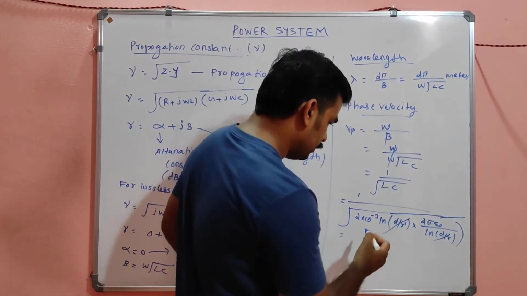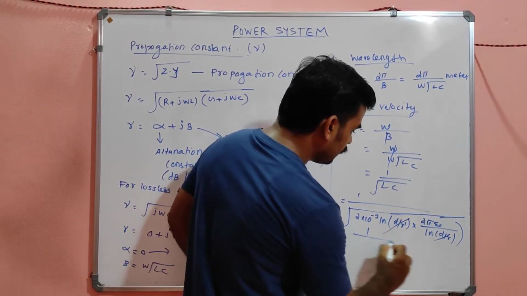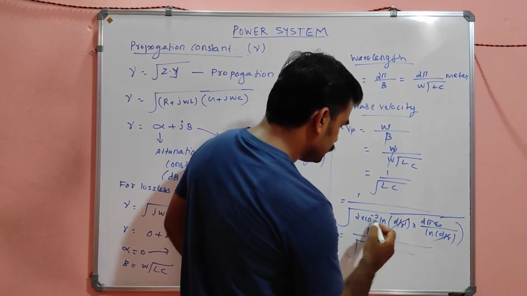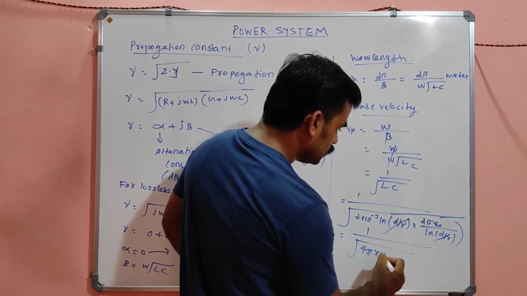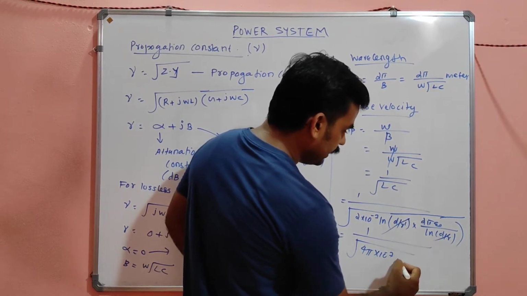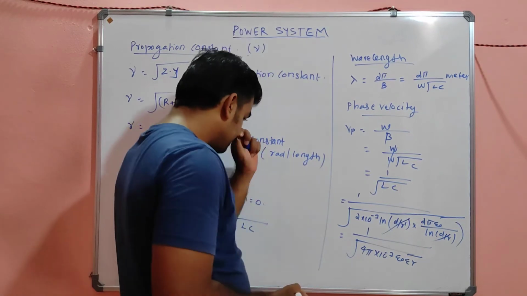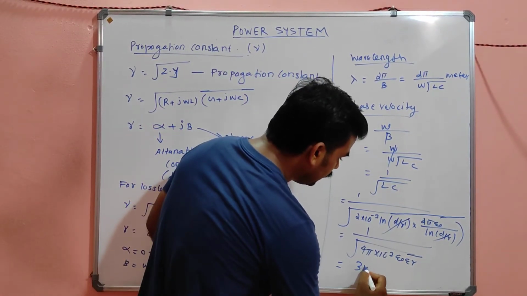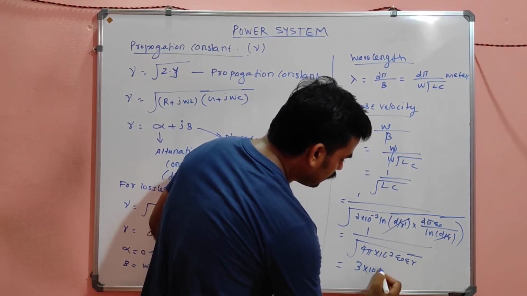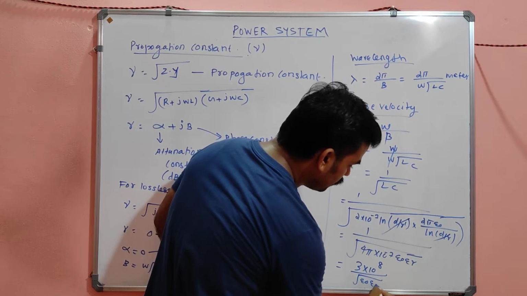Simply substitute 1 divided by root of 2 into 10 raised to minus 7 into 2 pi epsilon, where epsilon is equal to epsilon naught epsilon r. If you substitute these, you will nearly obtain 3 into 10 raised to 8 divided by root of epsilon 0 epsilon r.